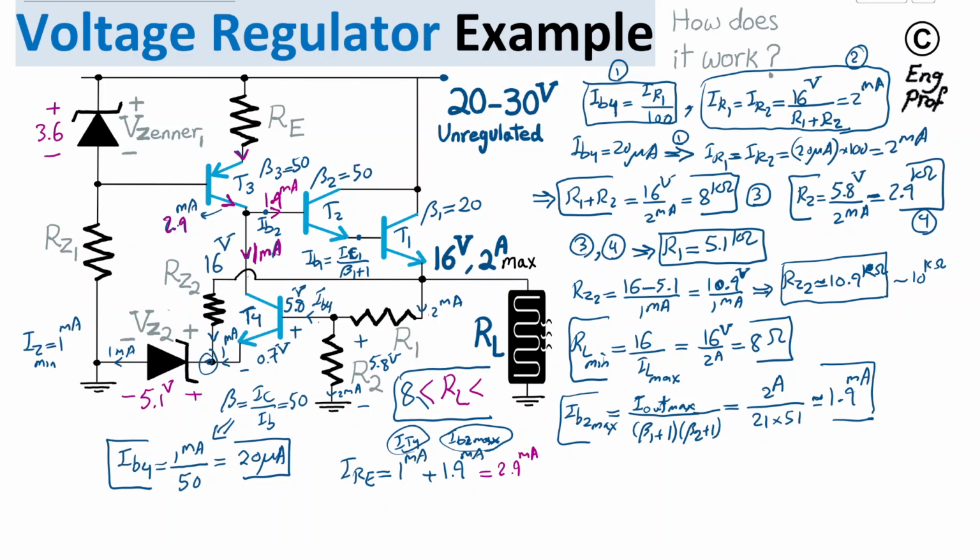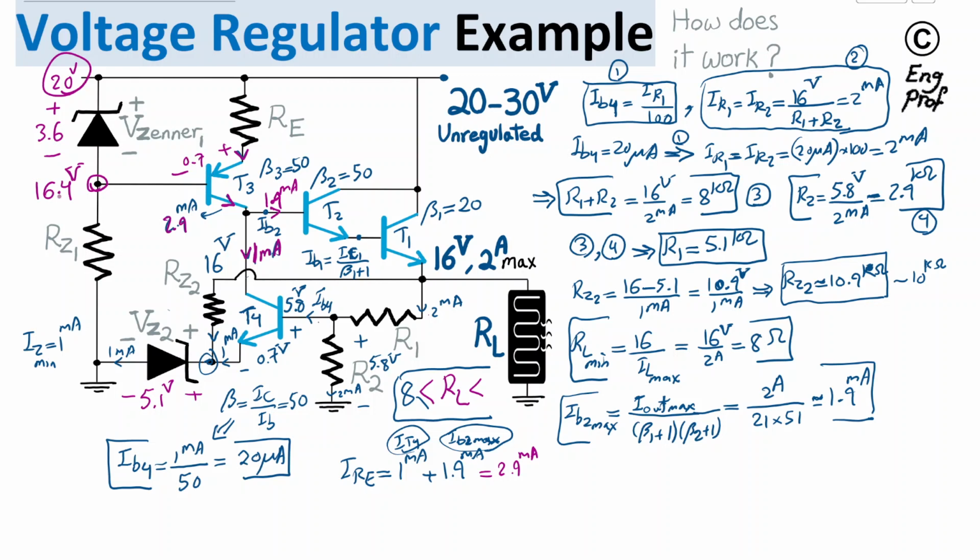Now let's take a look at the voltage drop across RE. So worst case scenario, this unregulated, not clean supply at lowest is 20. It's varying between 20 and 30. So at lowest we have 20 volt here. Since we have 20 volt, then we have 3.6 volt drop across the reverse voltage of the Zener diode. So this node minimum will be 16.4 volt. There is also a plus minus VBE, the emitter base voltage of this P-type bipolar junction transistor, which is 0.7 volts.